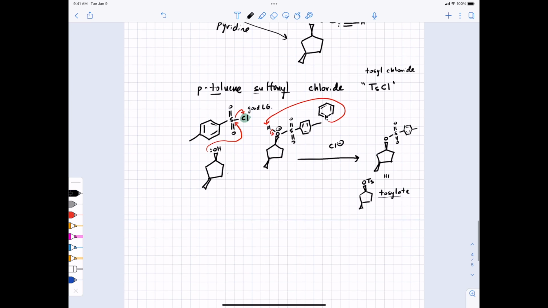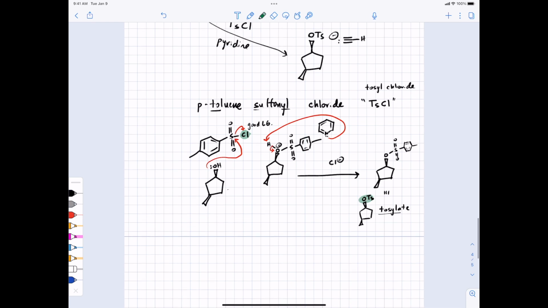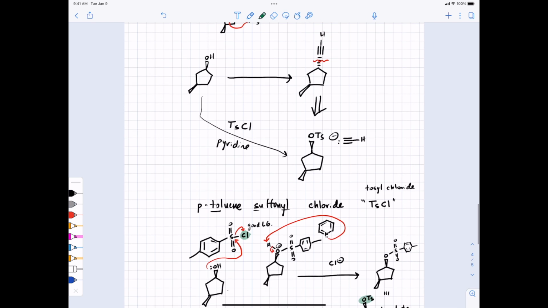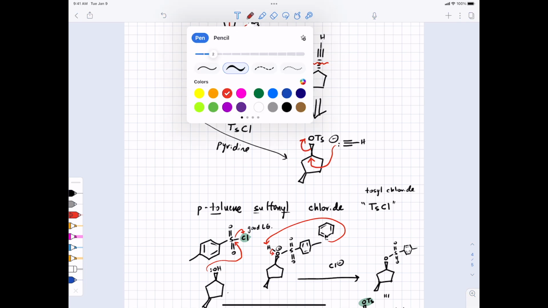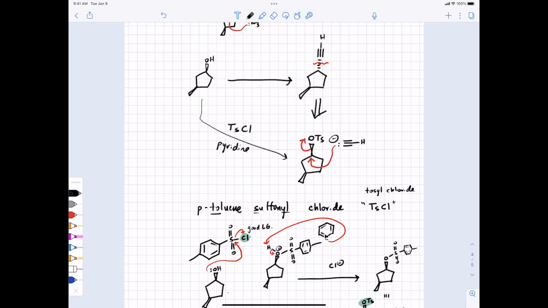I told you that the tosylate was stable and you could store it in the fridge, but it is also a good leaving group. The reason it is a good leaving group is because it is the conjugate base of a strong acid. So you can do SN2 type chemistry. The leaving group ends up being this.